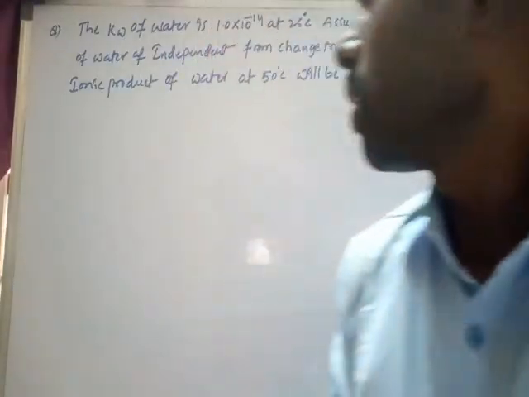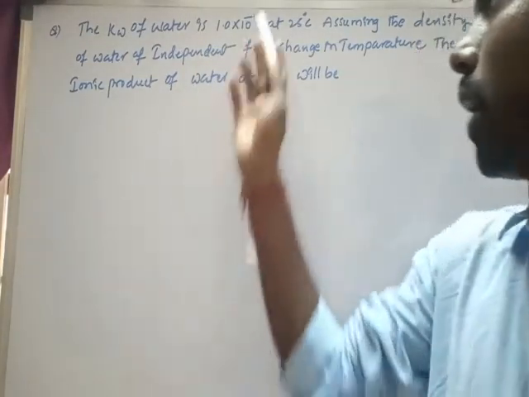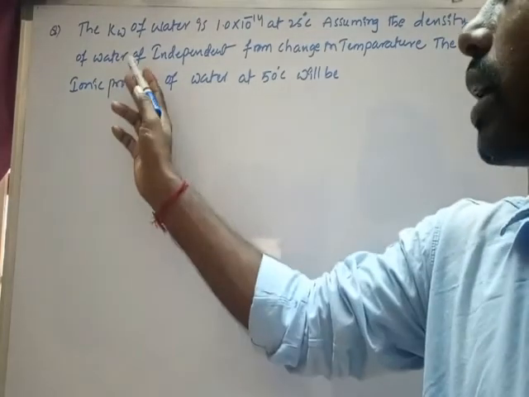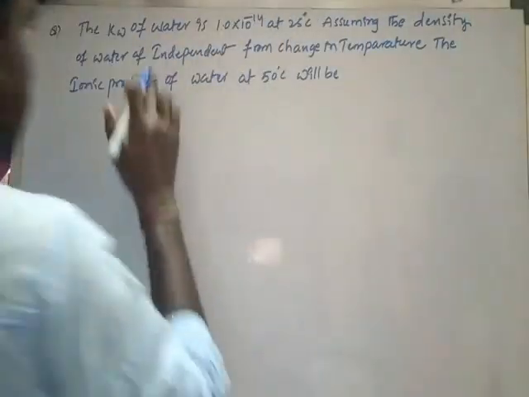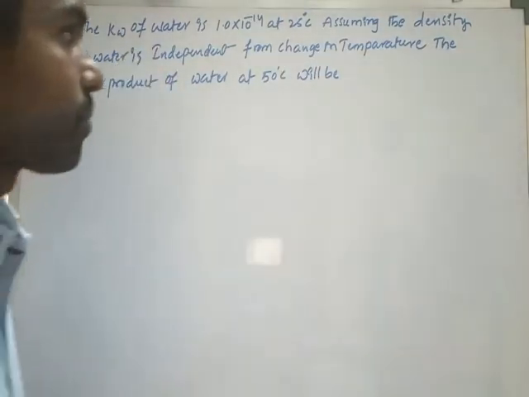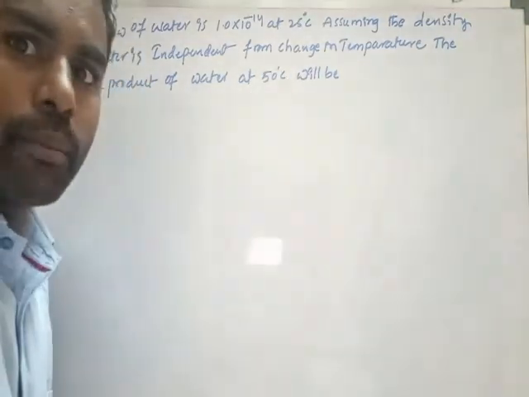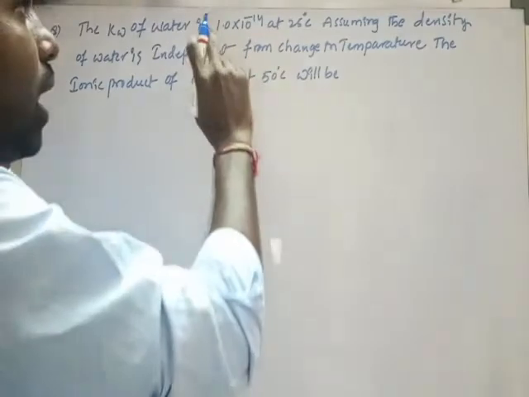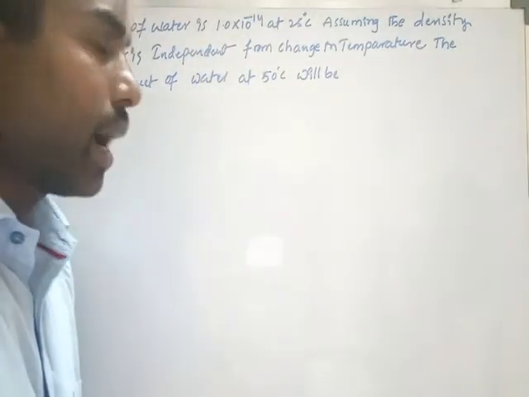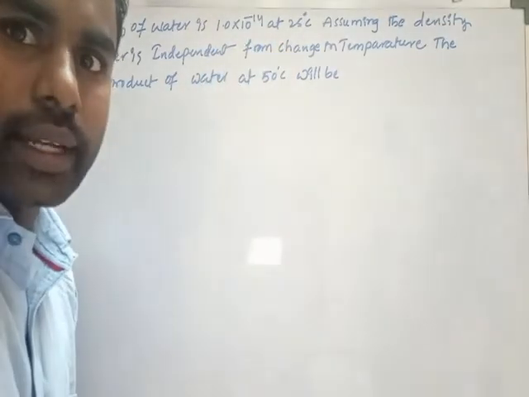Next question: the Kw, the ionic product of water, is 1 into 10 to the power of minus 14 at 25 degrees Celsius. Assuming the density of water is independent of change in temperature, the ionic product of water at 50 degrees Celsius will be... Here the ionic product of water at 25 degrees Celsius is 10 to the power of minus 14, and they are asking what is the ionic product of water at 50 degrees Celsius.